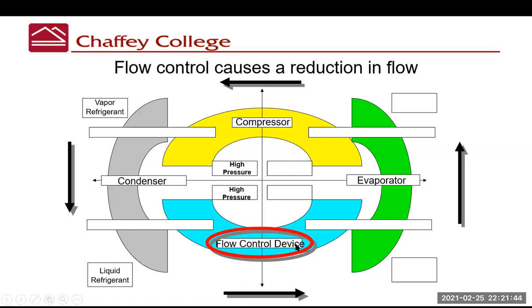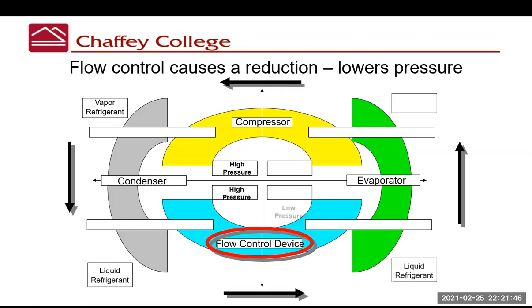And on the other side, it comes out as a liquid refrigerant still, but now it's low pressure. This restriction device keeps the high pressure on one side coming out of the compressor, and it reduces the refrigerant to a low pressure on the other side. It's still in liquid form.